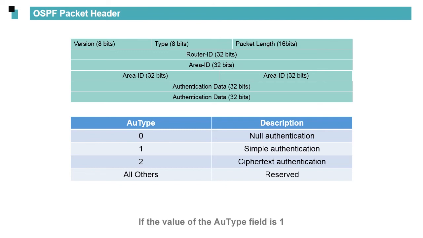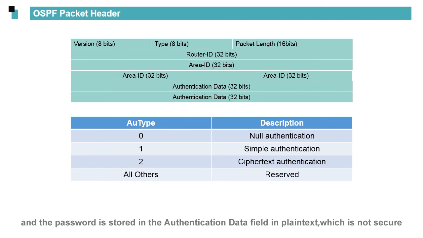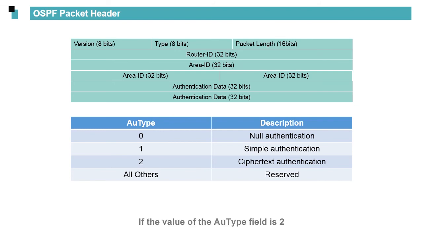If the value of the AU type field is 1, simple authentication is configured for the packet, and the password is stored in the authentication data field in plain text, which is not secure. If the value of the AU type field is 2, ciphertext authentication is configured for the packet, and the password is stored in the authentication data field in ciphertext, which ensures higher security.